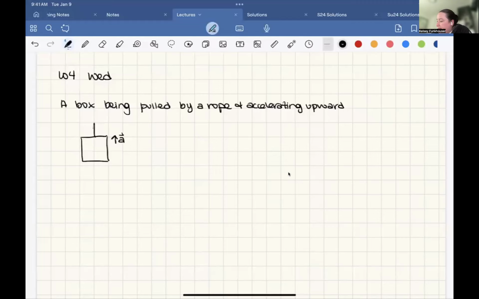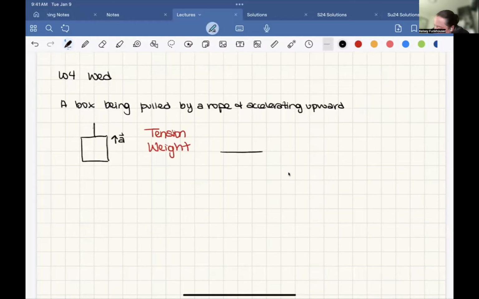So first, let's list the forces acting. There's a rope, which means there's tension. And there's no surfaces, so there's no normal force. There's not like a rocket engine, so there's no thrust. So the other one we know though is the weight force. And those in this situation are the forces acting.